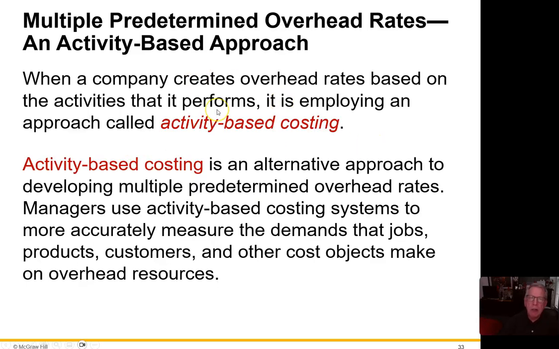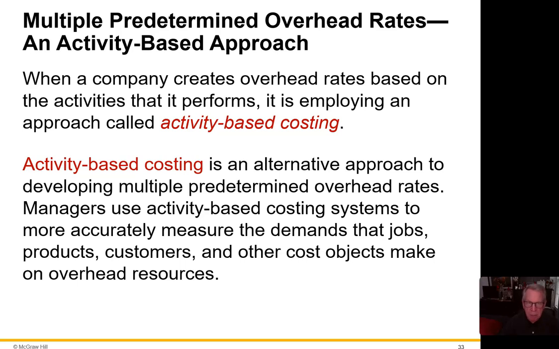All right, when a company creates overhead rates based on activities that it performs, then it's employing an approach called activity-based costing, often abbreviated ABC. If you're familiar with inventory, for example, ABC is sometimes used to categorize inventory into the expensive, medium expensive, and cheap raw materials that you have, so-called ABC.